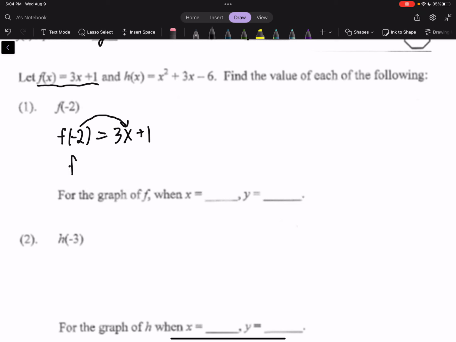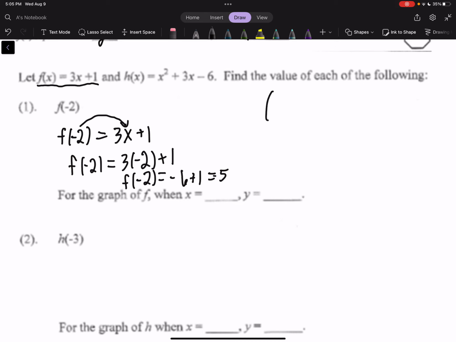So f of negative 2 is equal to 3 times negative 2 plus 1. f of negative 2 is equal to negative 6 plus 1, which is negative 5.